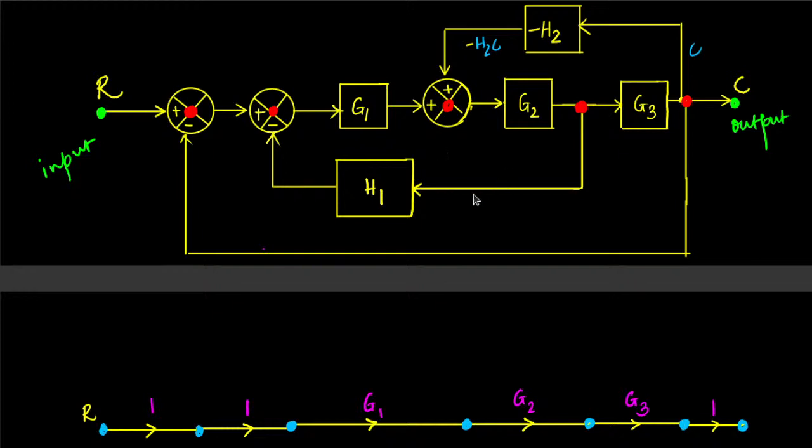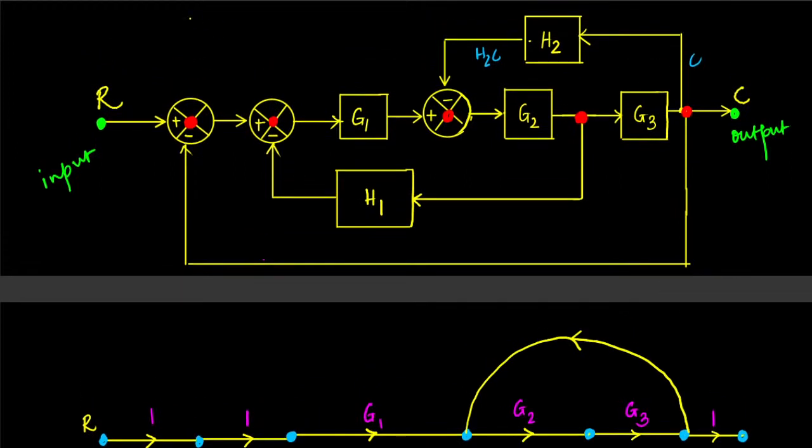So with that understanding, now let's depict that connection. We have a connection between these two nodes, and this is the direction of the signal traveling. So we have a connection from this to this, and the gain is minus H2.